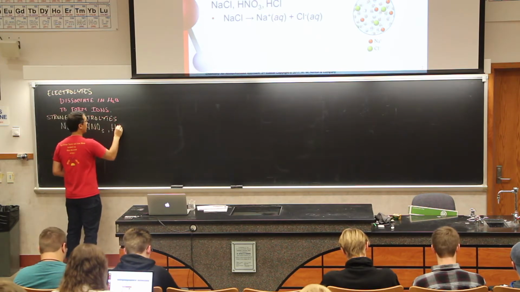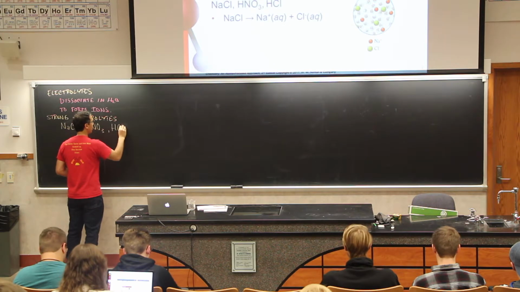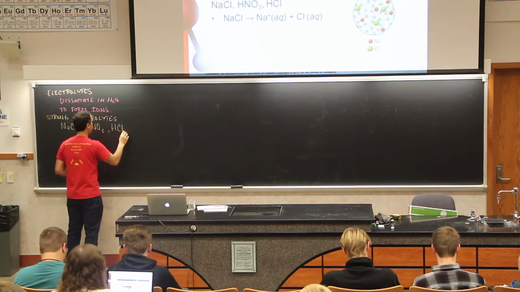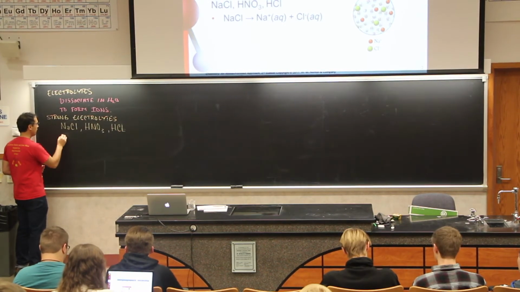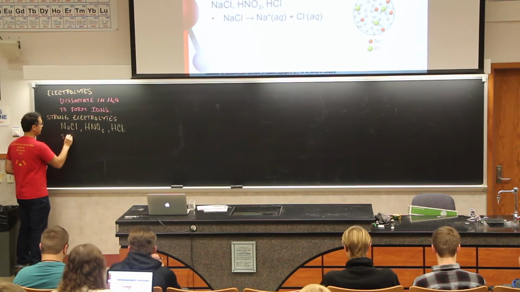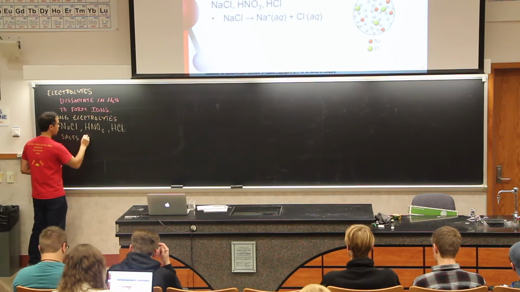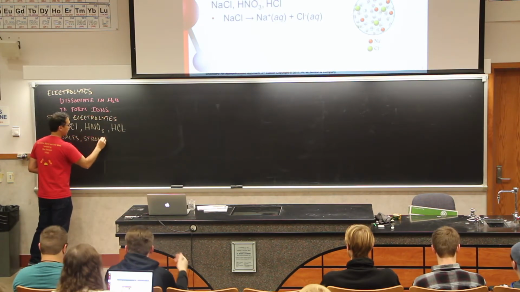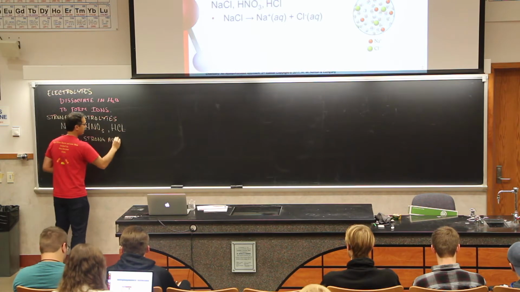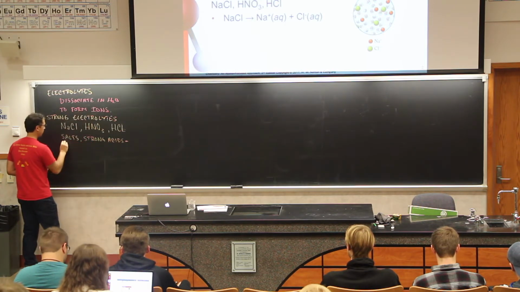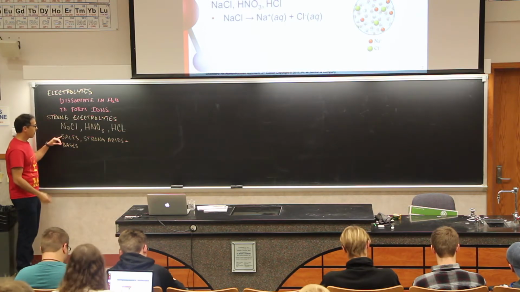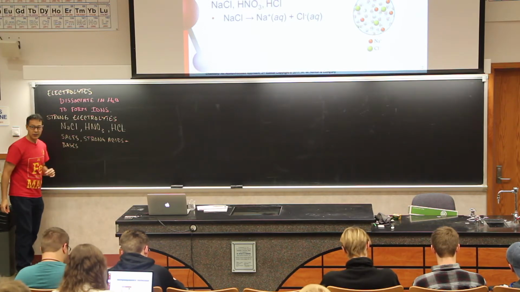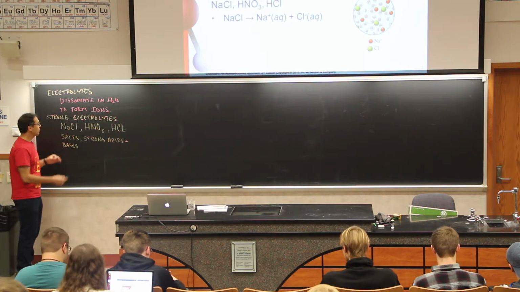HCl, which is hydrochloric acid. And so we might also think of these as salts and then strong acids and bases. So salts that dissolve in water, strong acids, and strong bases that dissolve in water. These would be strong electrolytes.